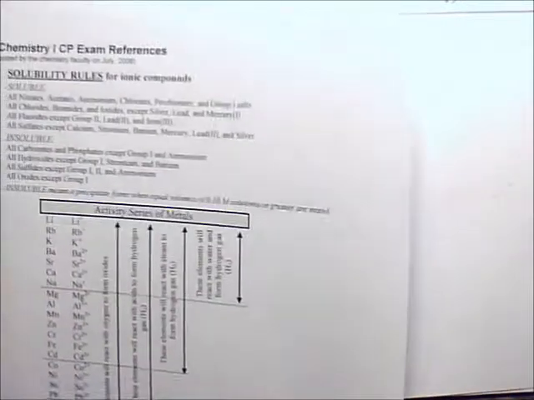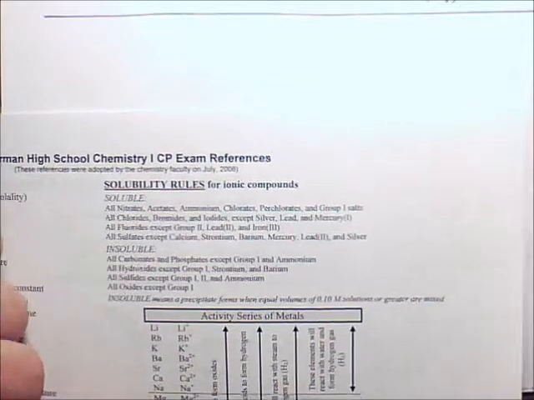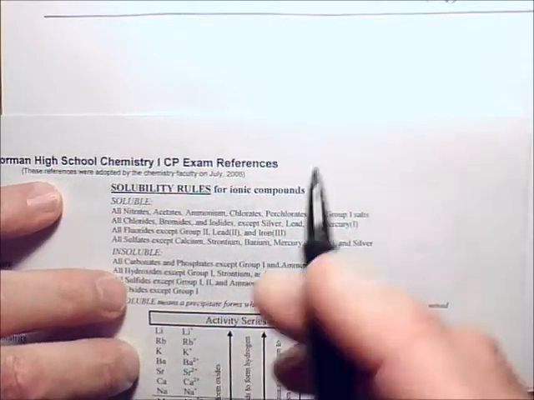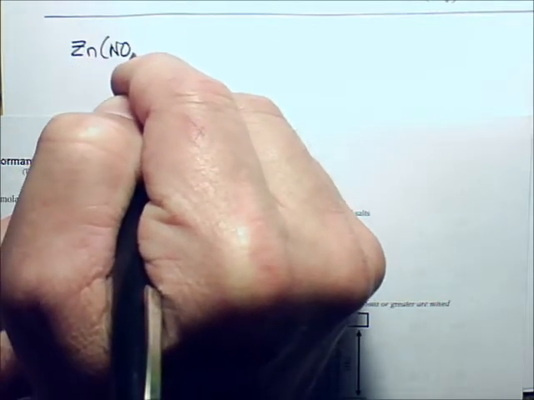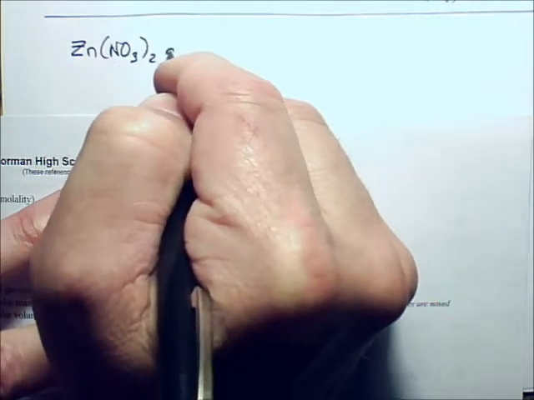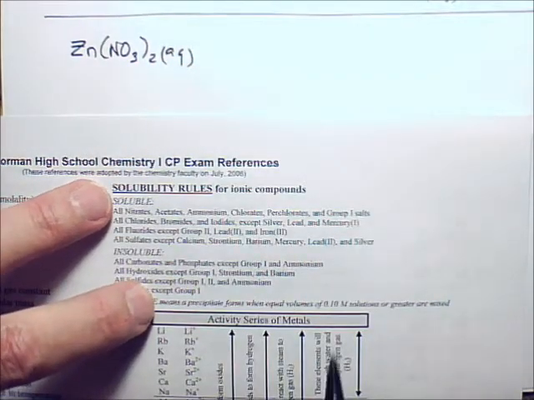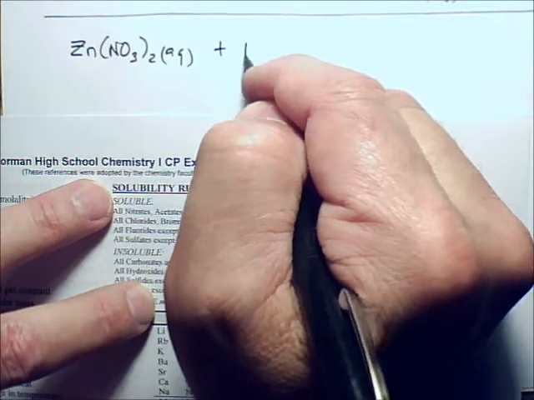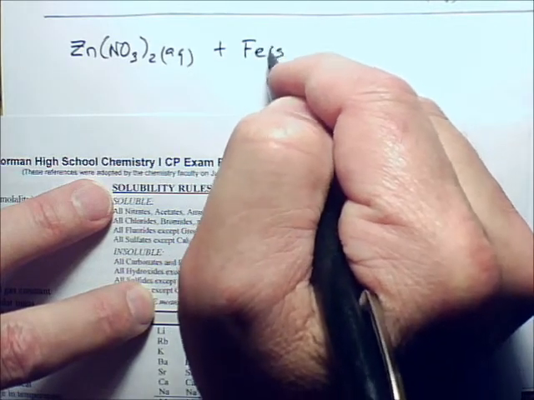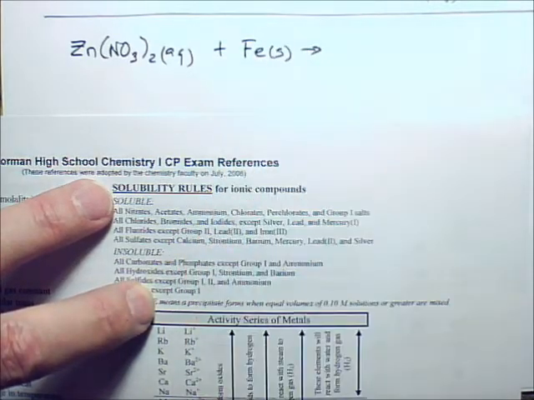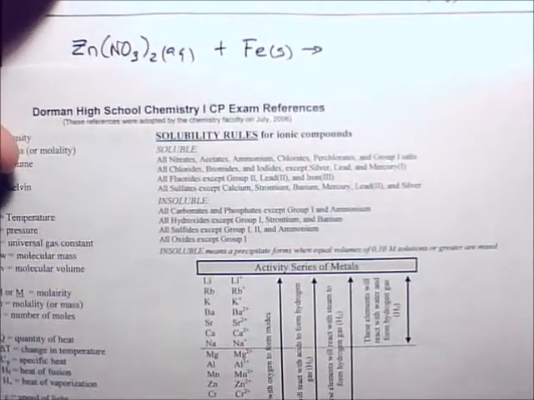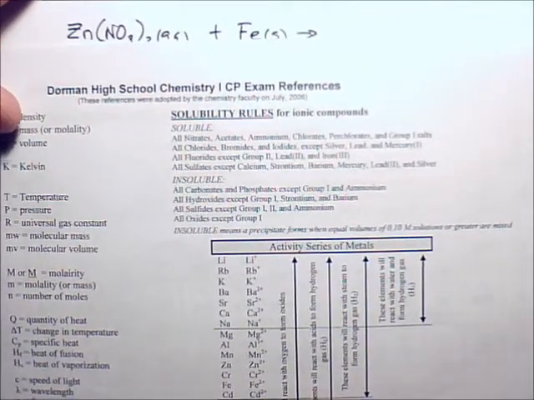Let's look at an example of that. Let's suppose I'm going to react zinc nitrate, I'm going to put it in the same solution as iron metal. Let's look at the activity series here.